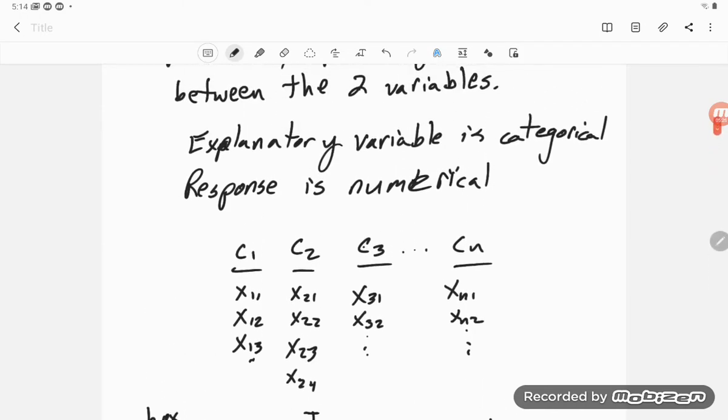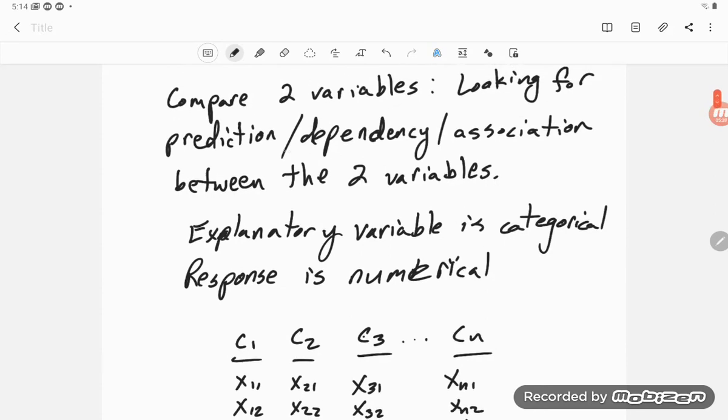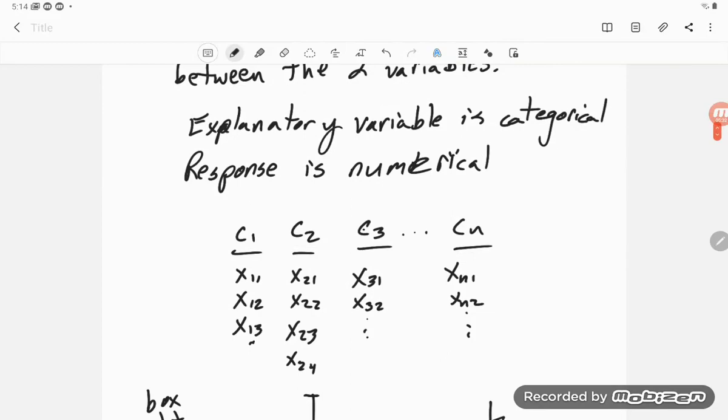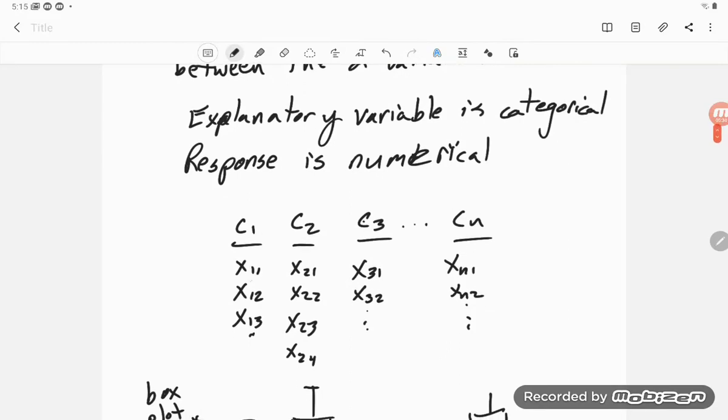In other words, when we think back to prediction, dependency, or association: if I'm guessing what my numerical outcome is going to be, does it make a difference whether I'm in column 1, column 2, column 3, column n?